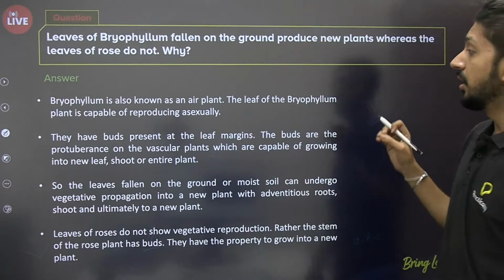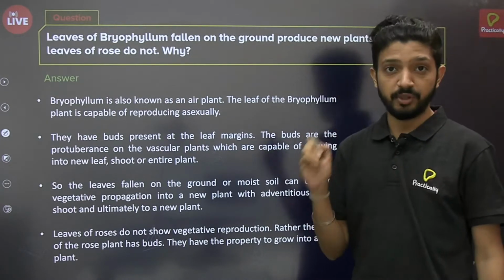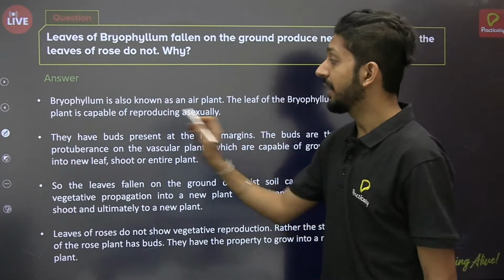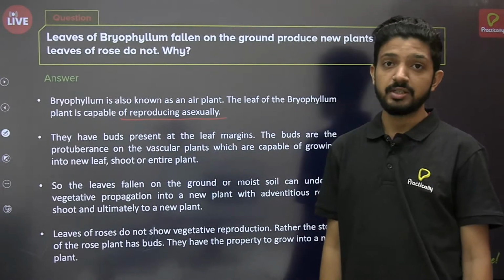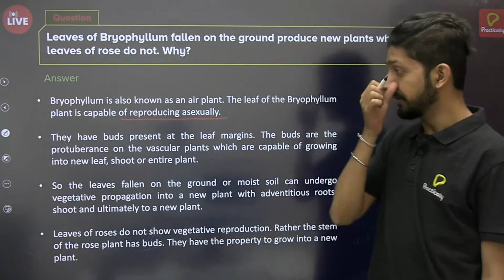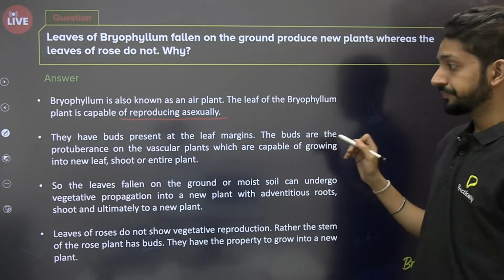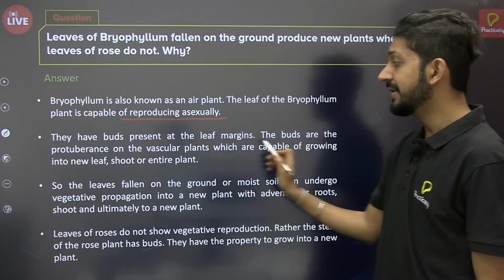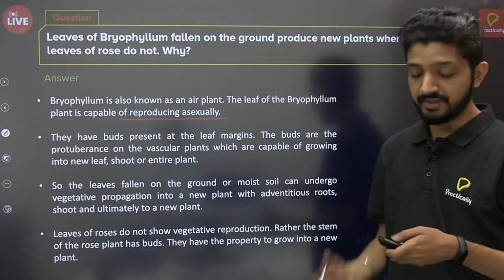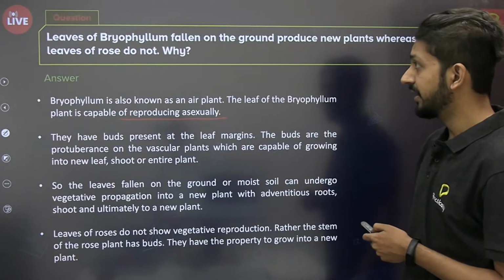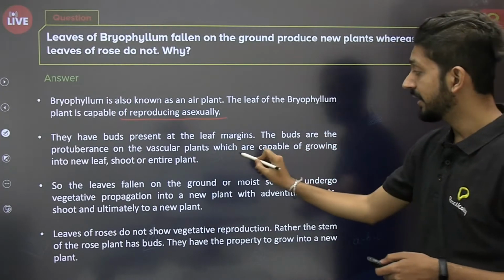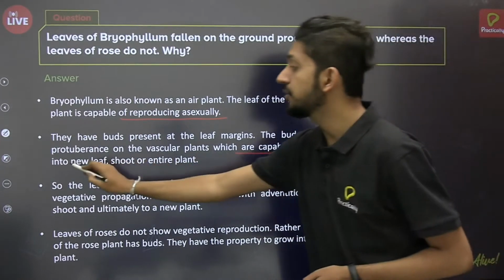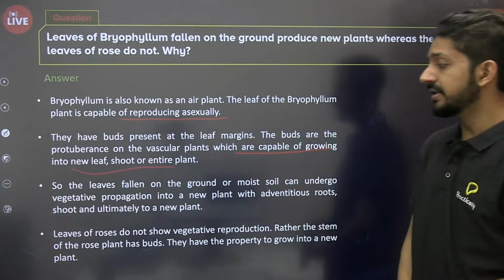So the first very important point which we need to write is that the bryophyllum is capable of reproducing asexually. So that is a part of asexual reproduction, and the buds are present at the leaf margins. As we all know, we have seen the diagram of bryophyllum, and these are capable of growing into new leaf or the entire new plant.